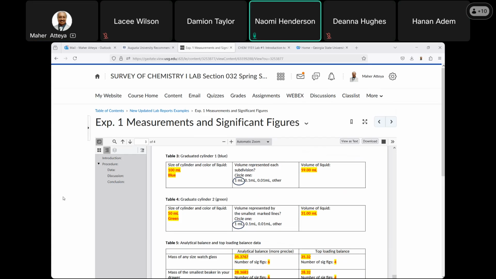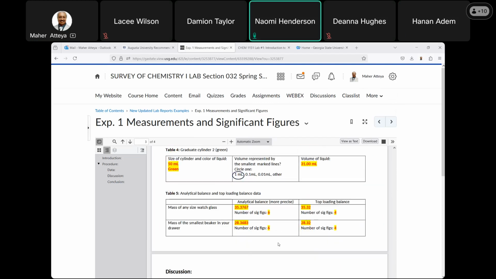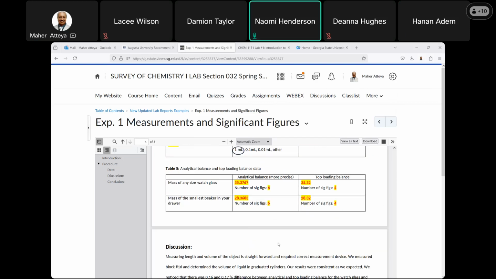Wait, Professor, I have a question. I went to the assignments part and found, I think, a blank version of this, and it also includes the significant figures parts. I don't think the one you're showing has the significant figures part, like with the conversion assignment.